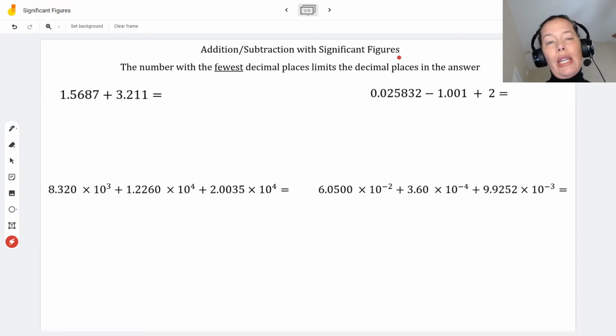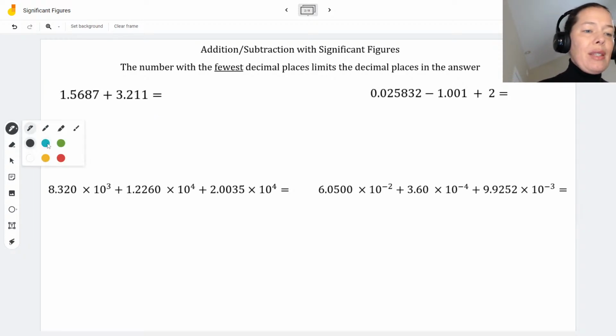You are looking for the number with the fewest decimal places, and that number with the fewest decimal places is going to limit your answer. So again, it's helpful to state the rule, but it's nice to see it in practice.